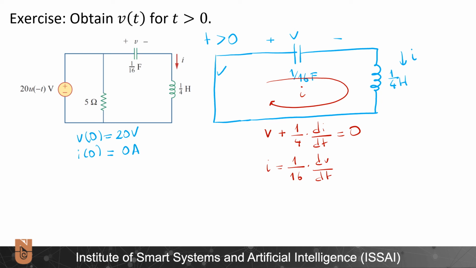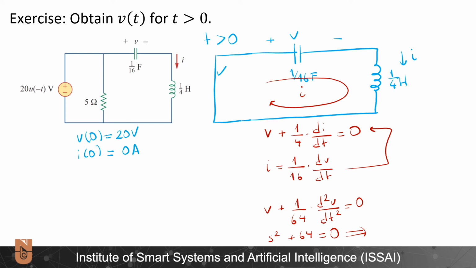And I can plug this equation into that one, and I will end up having V plus 1 over 64 times d squared V over dt squared equal to 0 as my equation.